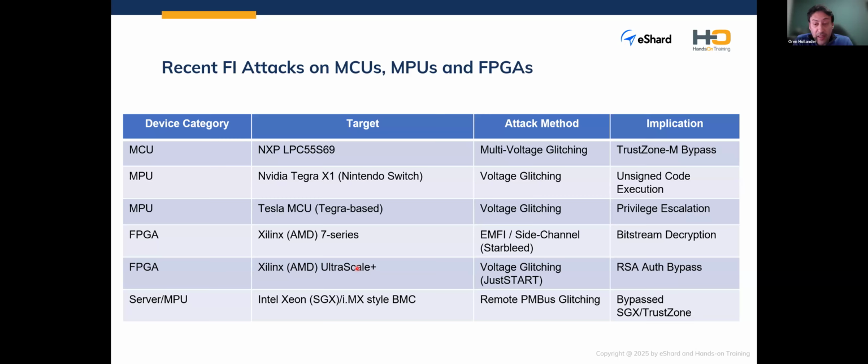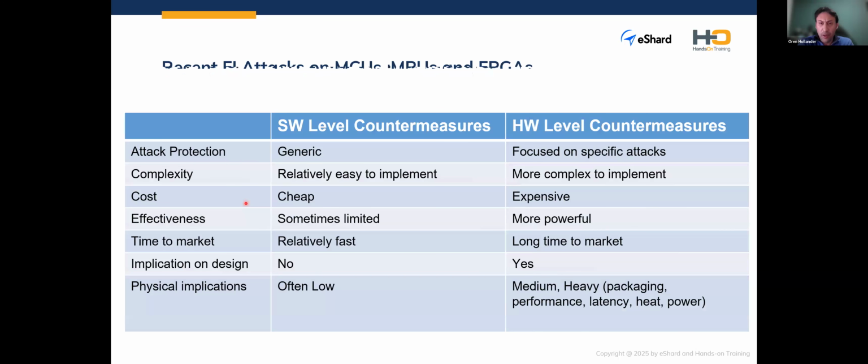This, by the way, proves that as long as there is a hardware state machine, there's many times a path to bypass it via timing and logic faults. And that's an important thing to know. Then we are going to talk now about countermeasures that are implemented in the latest devices.